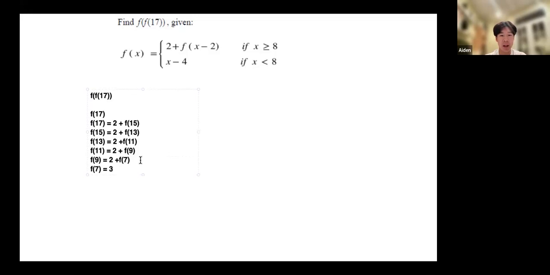Working our way back up, remember that we're solving for only f of 17 here, not f of f of 17 yet. If f of 7 is equal to 3, then f of 9 is 3 plus 2, which is 5. Then 5 plus 2 is 7.